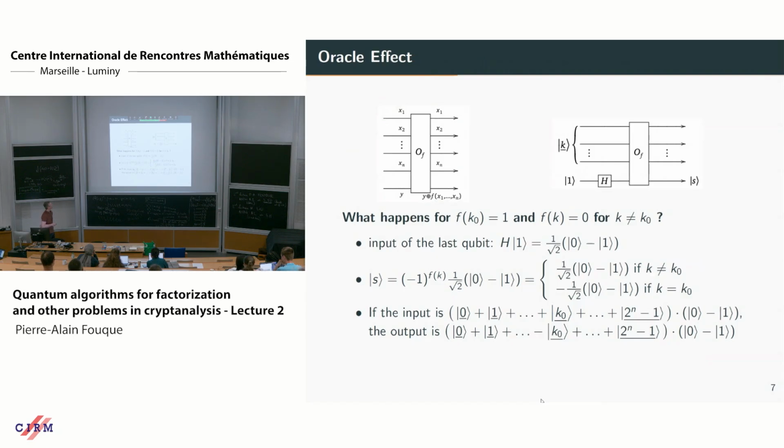So I can rewrite everything just using this notation, and I factor with this value. So for all different values at the beginning, this is the input of the oracle function here, I have the superposition of all values, and at the output, I will have this superposition. That means that all values have a plus, except for this specific index. So this is just the symmetry by the correct angle.